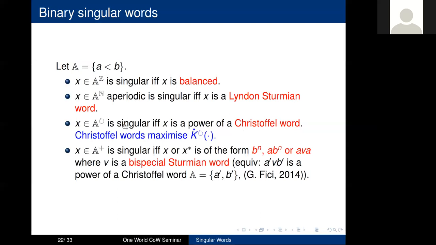In other words, if the letters in X are two positive integers, say 3 and 7, so X consists of just 3s and 7s, and you look at it as a cyclic word, of all permutations of this word, the one which maximizes this cyclic continuant is the Christoffel one, or the power of the Christoffel if you take your definition of Christoffel to be primitive.